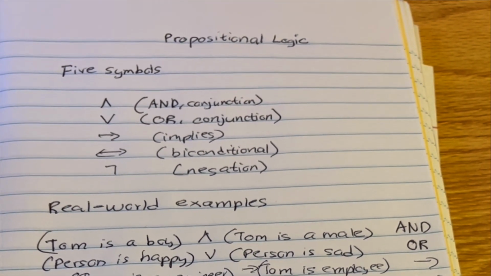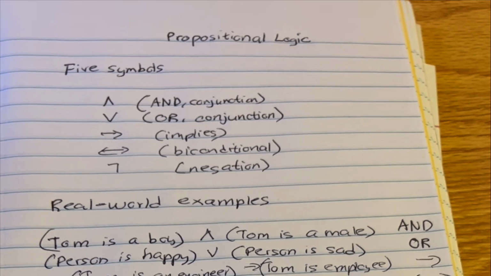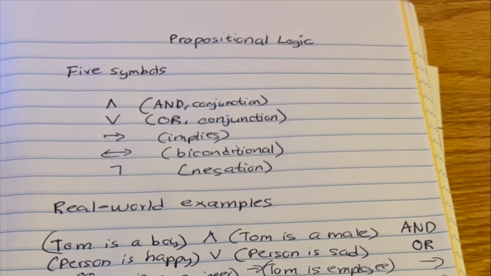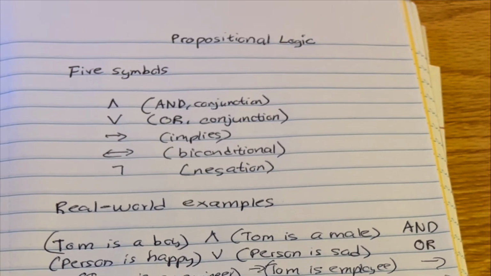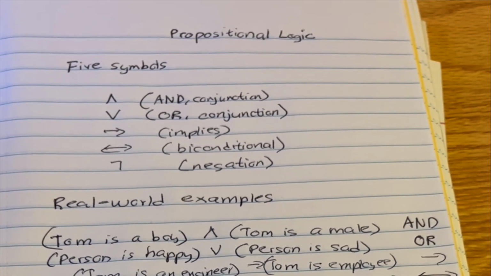Now to go into a little bit more of a mathematical perspective, we'll be using two variables, and I'll call them C1 and C2, meaning condition 1 and condition 2.